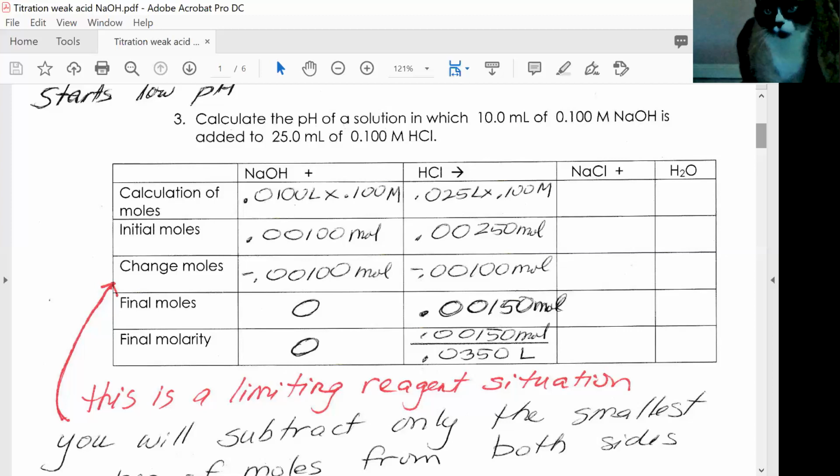We get 0.00150 moles of HCl. We put the moles of HCl over the total volume, which is 0.0350 liters.